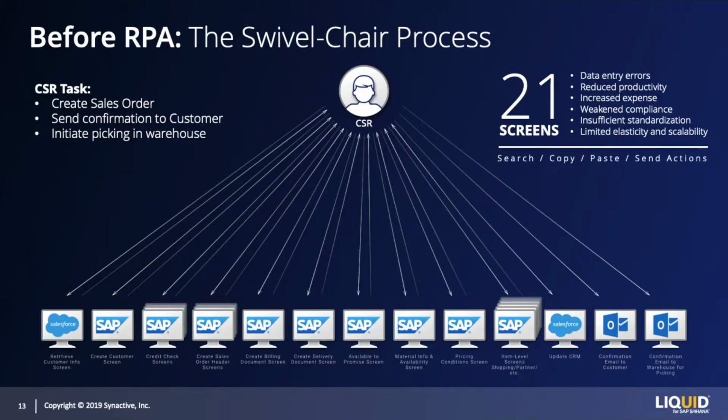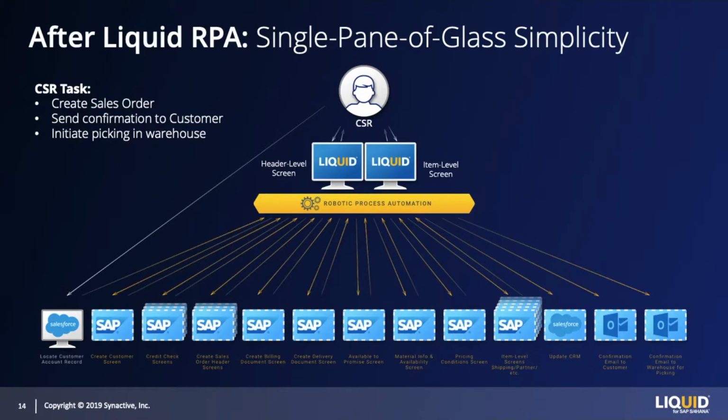And as a result, we see all kinds of problems, from data entry errors to reduced productivity to a lack of standardization to an inability to scale. So what difference can Liquid RPA make?